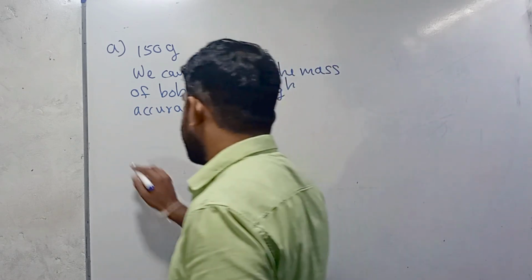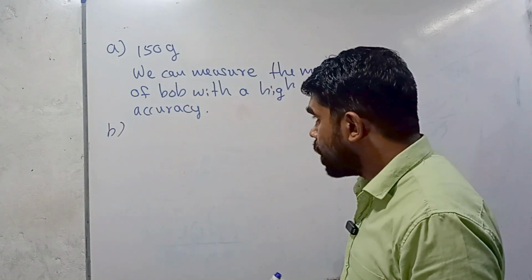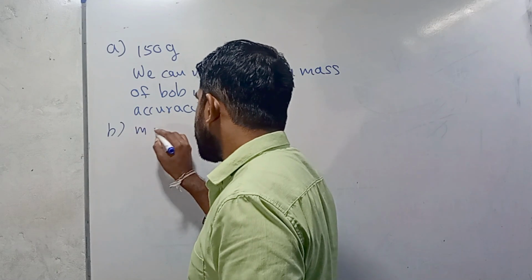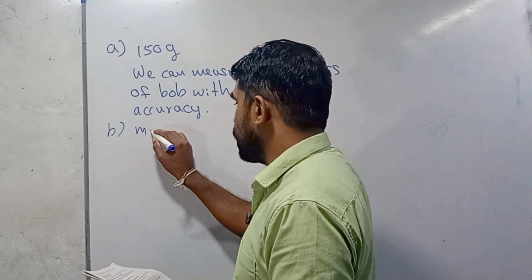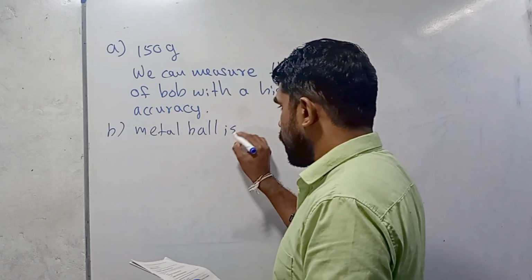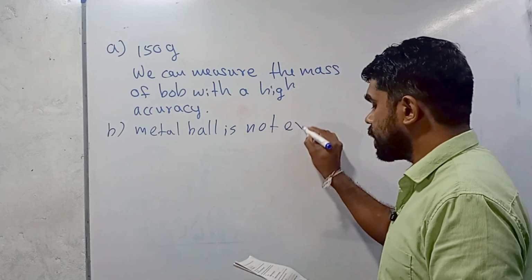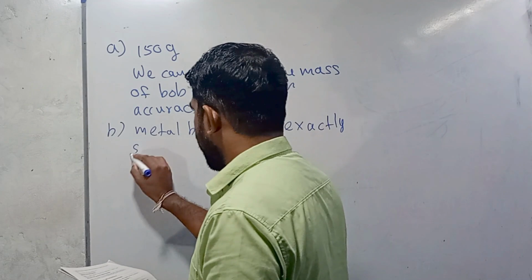We can write the reason for the different values. The metal ball is not exactly spherical.